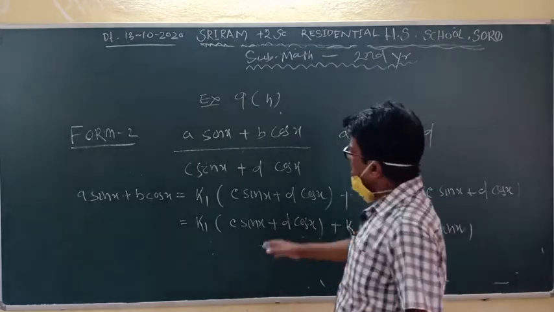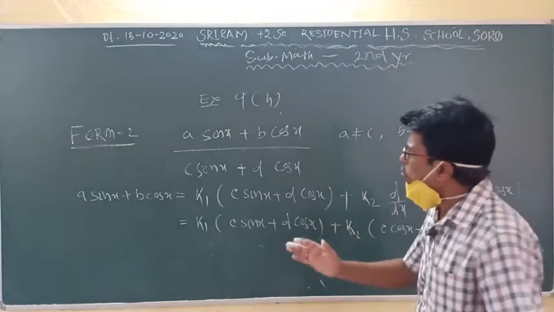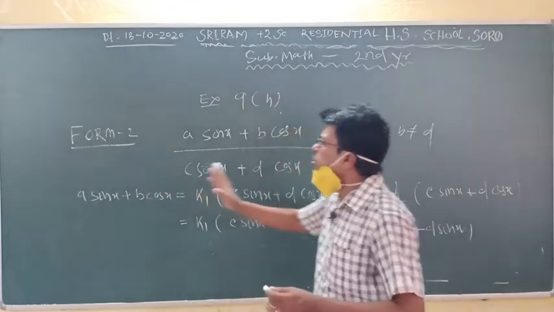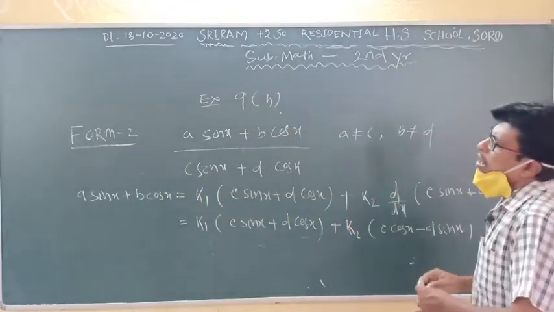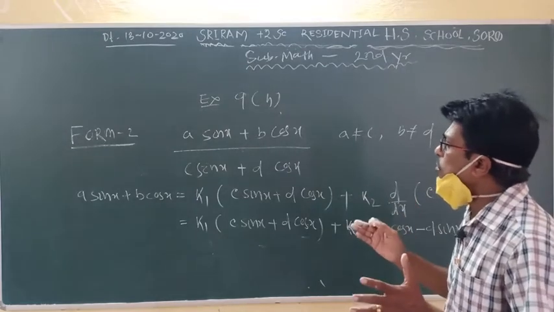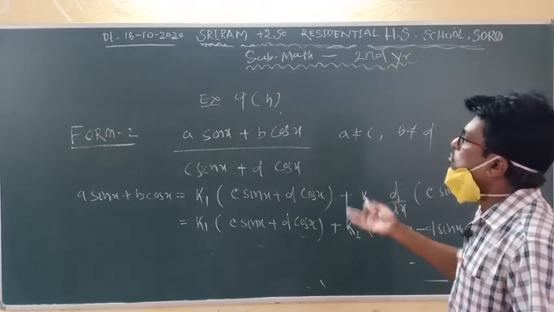In this equation, you evaluate the values of k1 and k2 by taking the coefficients of sin x and cos x, then put k1 and k2 in and integrate.